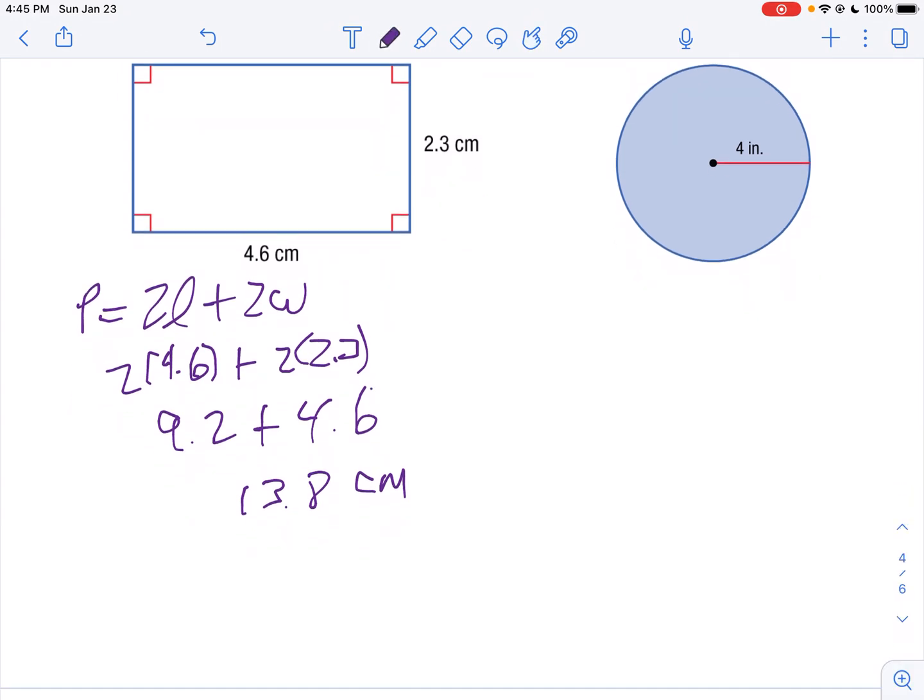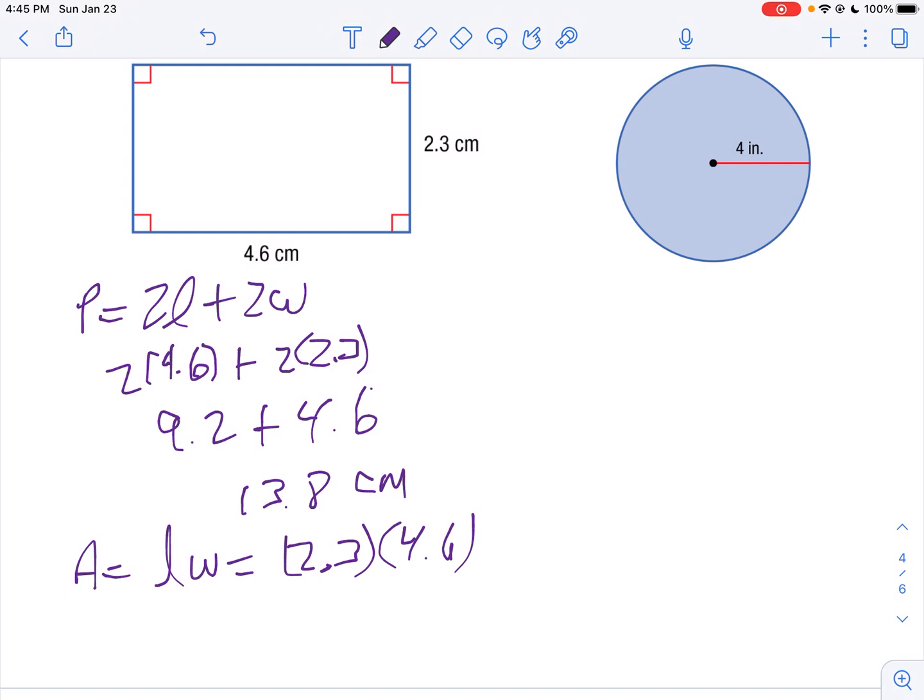Now to find the area of a rectangle, we look at our sheet. It's length times width. So in other words, I take 2.3 times 4.6. Numerically, I'm just going to multiply that in my calculator.